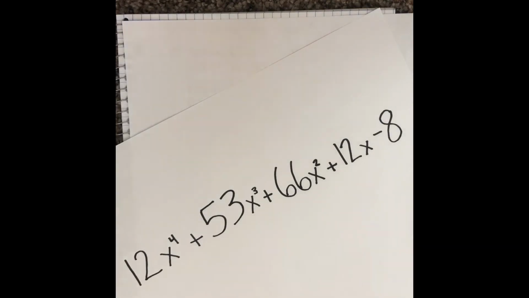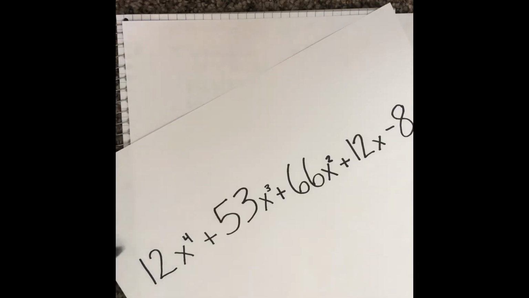So the leading term test is a test for this number right here, this leading coefficient. If the leading coefficient is greater than 0, then the end behavior when we graph this equation is going to rise to the right. As the graph is going right, it's going to go up.